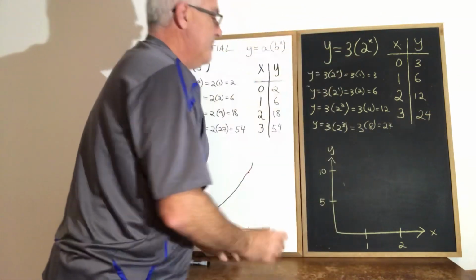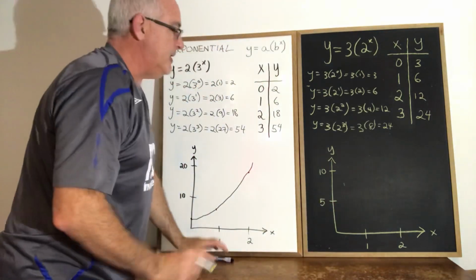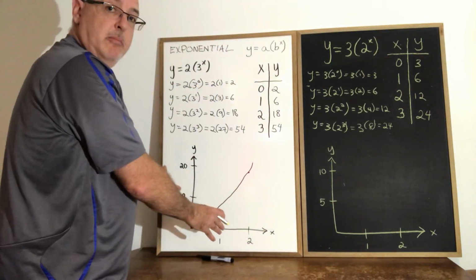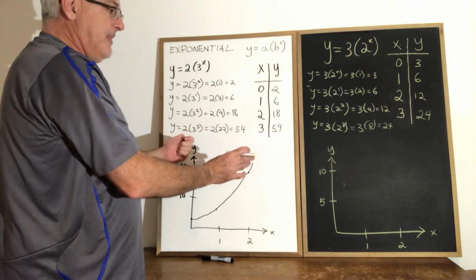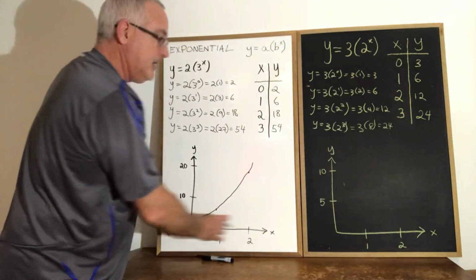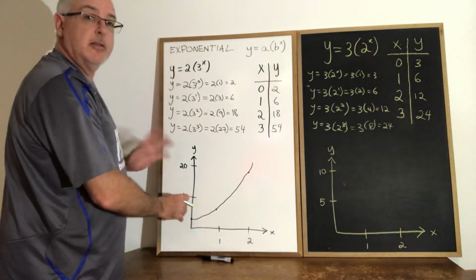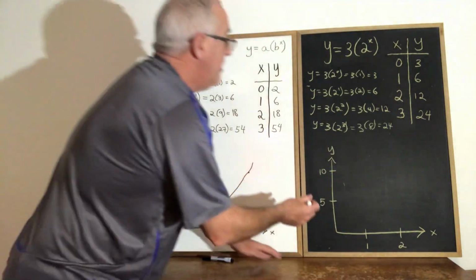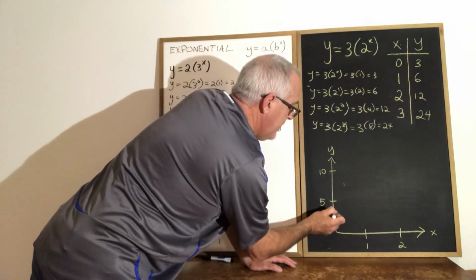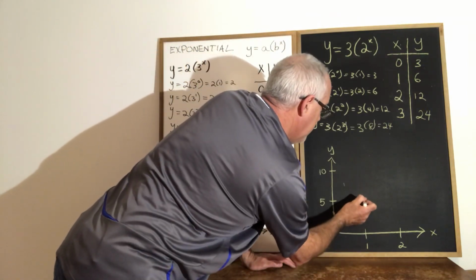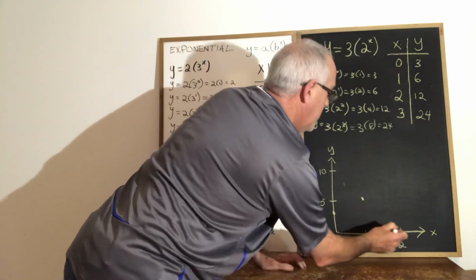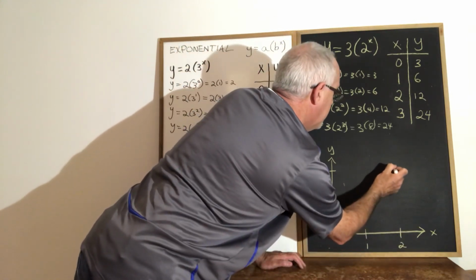Now I graph it. I've scaled my graph similarly, but not exactly the same. So when you compare the shapes of the two curves, you can't trust this graph completely. The x-axis is scaled the same way, but the y-axis is not. But you can trust your points. 0, 3 is about here. 1, 6 will be about here. And 2, 12 will be about here.